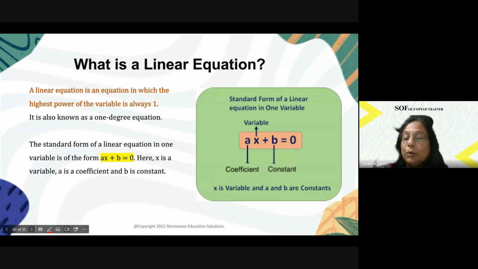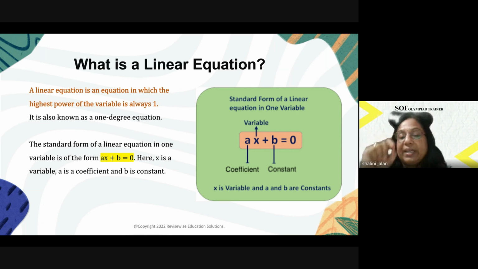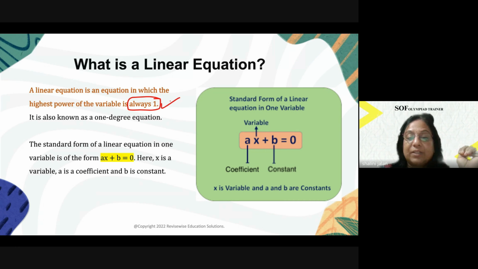Then what do we mean by a linear equation? Linear equation means the degree of the variable. And what is the degree? The highest exponent of a variable in that equation, that should be 1. So a linear equation is an equation in which the highest power of the variable is always 1. Or we can say this is a 1 degree equation.